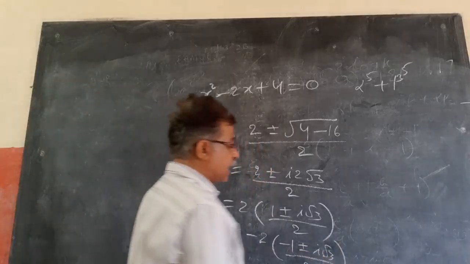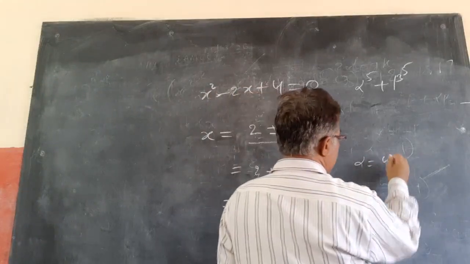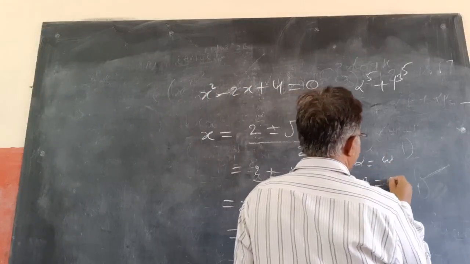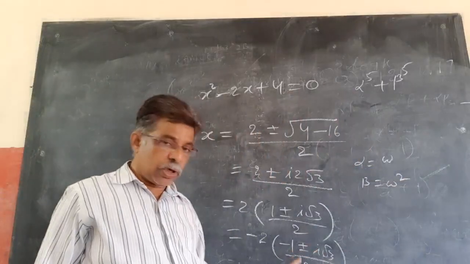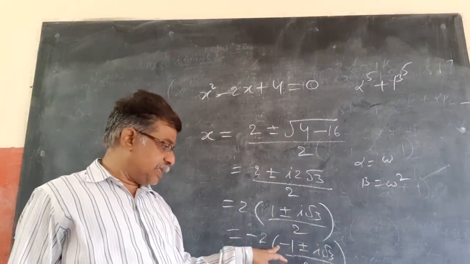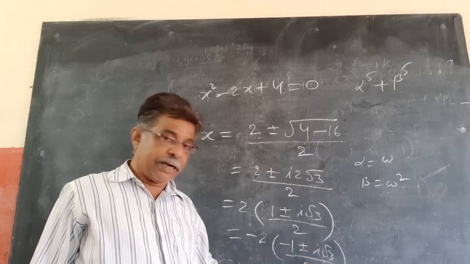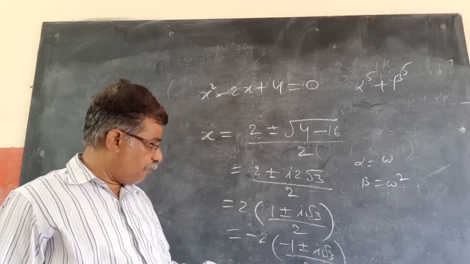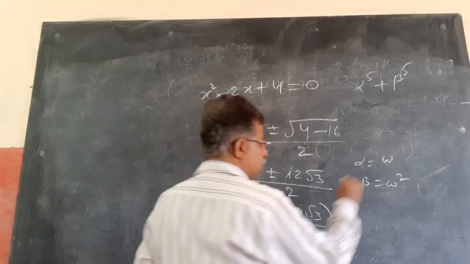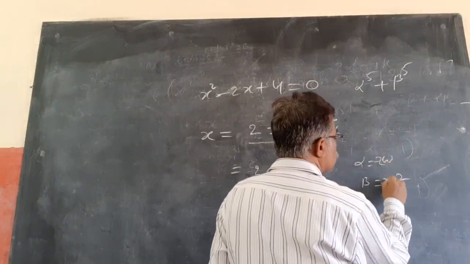So the roots are alpha equal to omega, beta equal to omega square. You know omega is minus 1 plus i root 3 by 2, and omega square is minus 1 minus i root 3 by 2. So alpha and beta are minus 2 omega and minus 2 omega square.